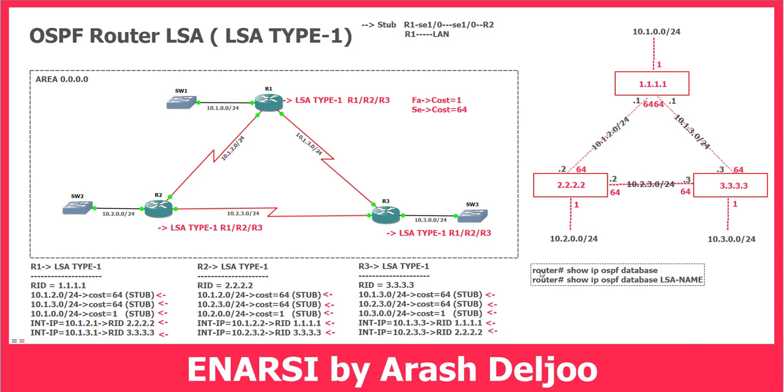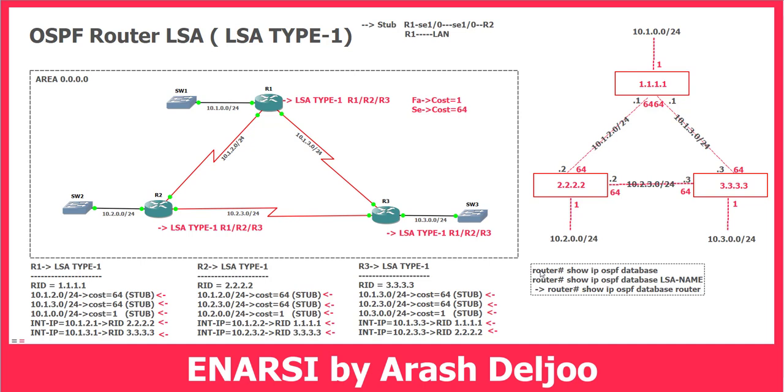You know that for LSA type 1 the name is router LSA, so you can use show ip ospf database router. What does it mean? It means that I want to see all of the router LSAs, meaning LSA type 1, inside the database.